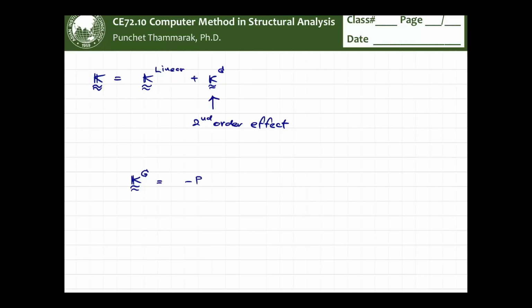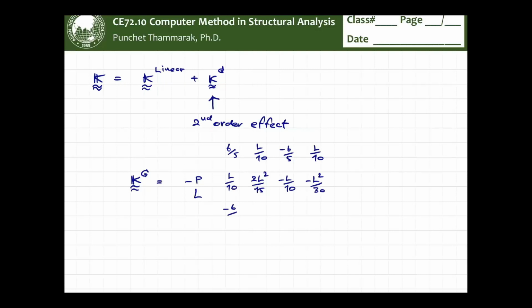It is minus P over L. 6/5 L over 10 minus 6/5 L over 10. L over 10 to L square over 15 minus L over 10 minus L square over 30.